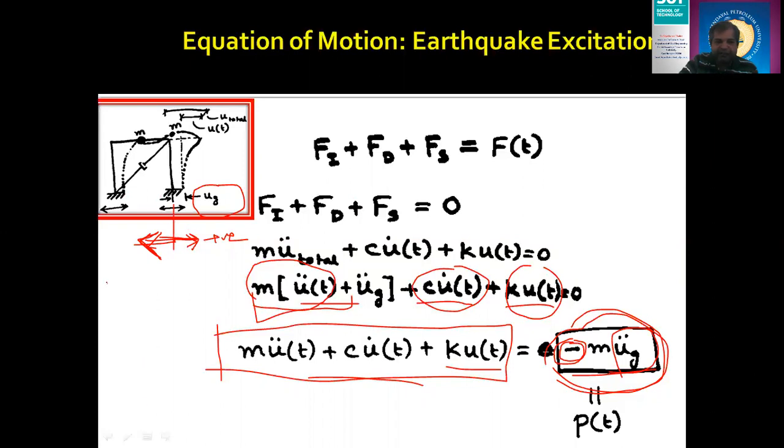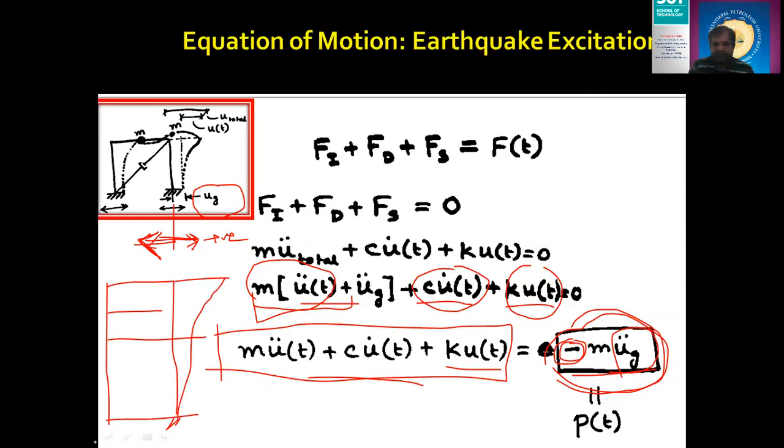For example, if you take a multi-story frame, a high-rise building, then this displacement will be much larger in comparison, and in this case the mass is also higher.